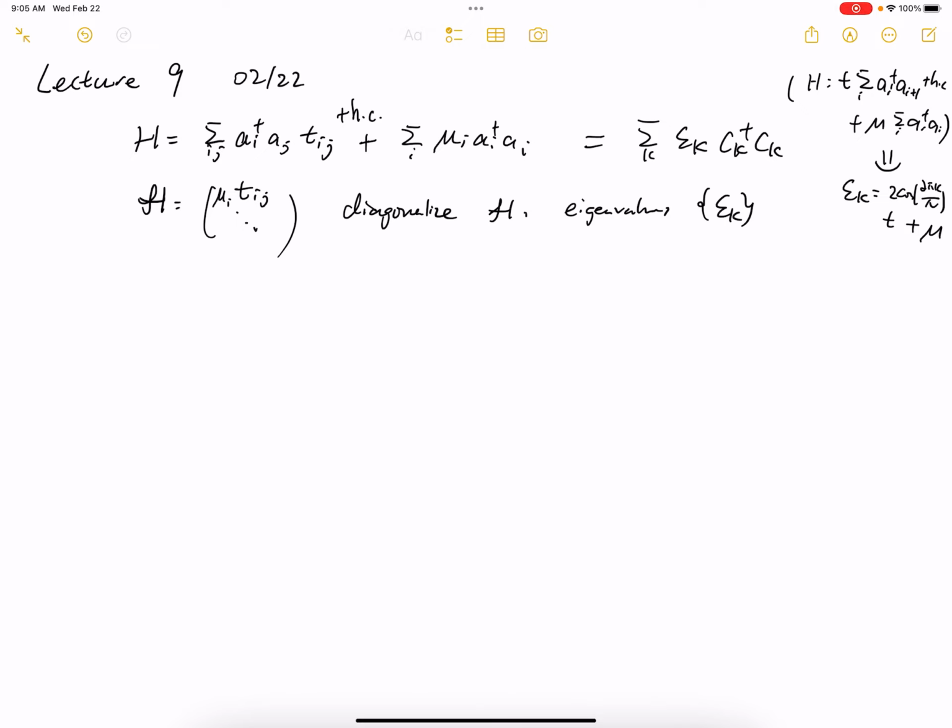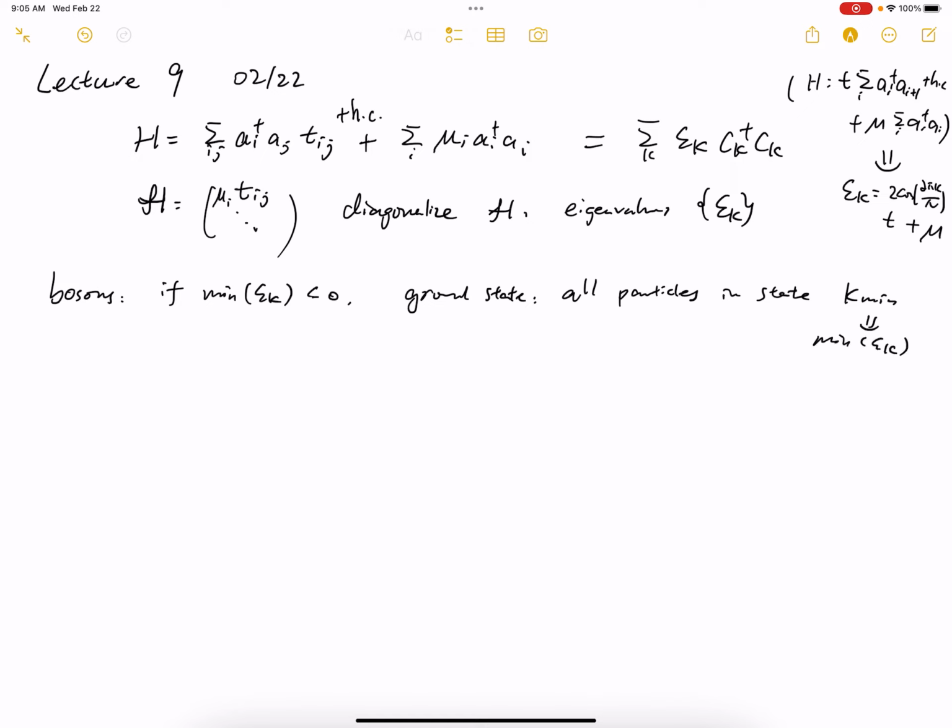So for bosons, if the minimum of epsilon_k is smaller than 0, because equal to 0 you have degeneracy, so you can have a degenerate ground state, the ground state will be all particles in state k_min. Here k_min is the k that minimizes epsilon_k. Remember this cosine has a bottom there. So that's the case for bosons.